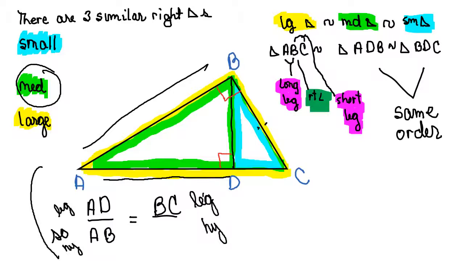So I'm going to take a look between the two triangles here, and BC has to be a leg. So it's not going to be the blue, the small triangle, because that's a hypotenuse. So it has to be a leg. So I'm going to look at the large, which is the yellow. BC is a leg, and I have to match it to a hypotenuse. So therefore, it's going to be the hypotenuse of the yellow.